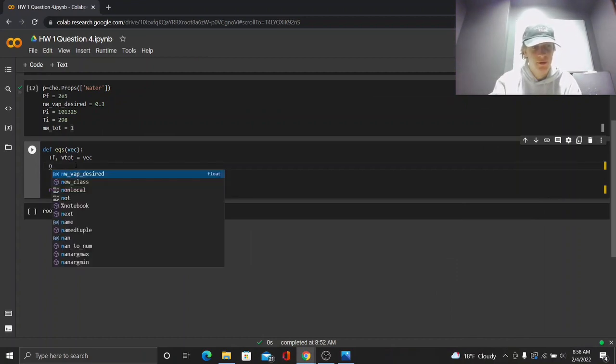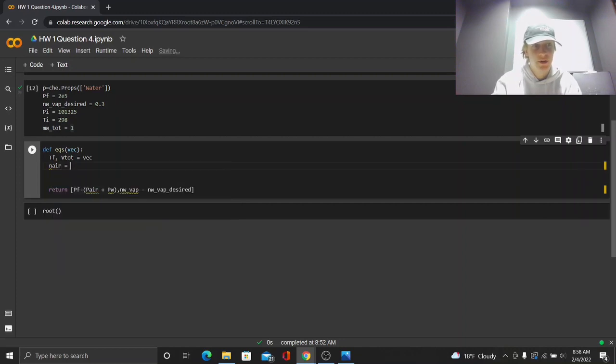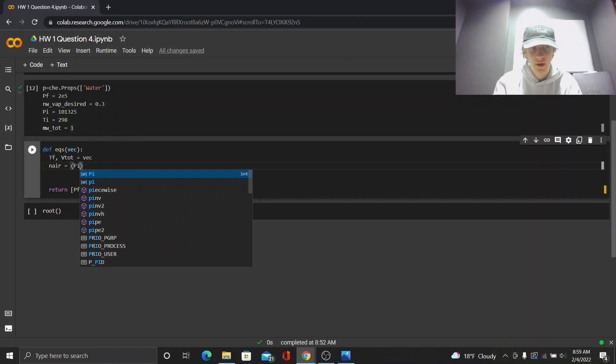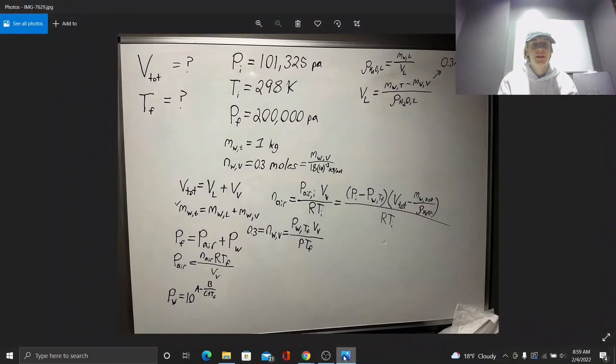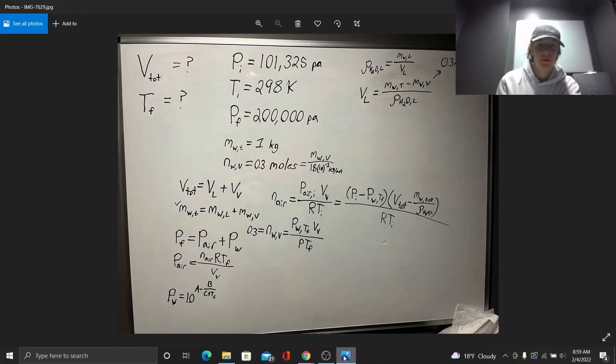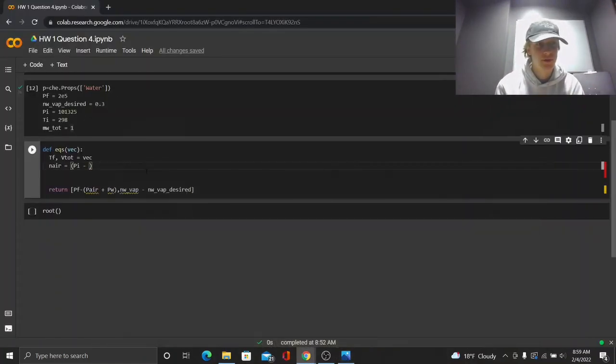Number of moles of air equals the initial pressure minus the partial pressure of the water at the initial temperature.